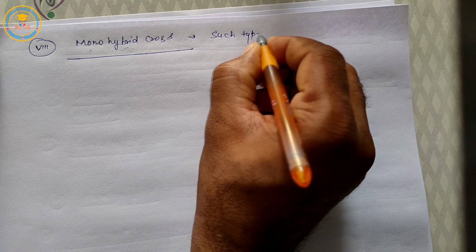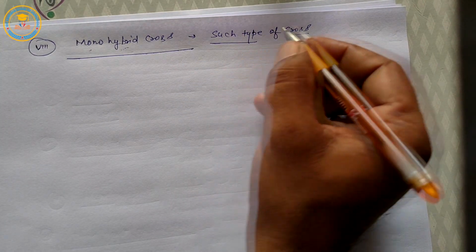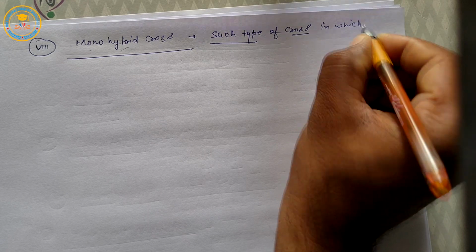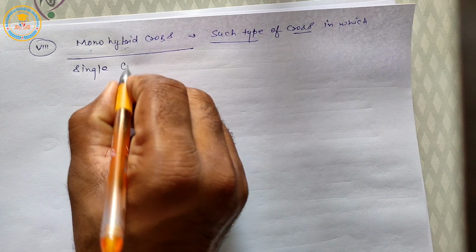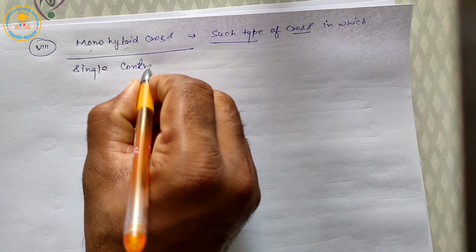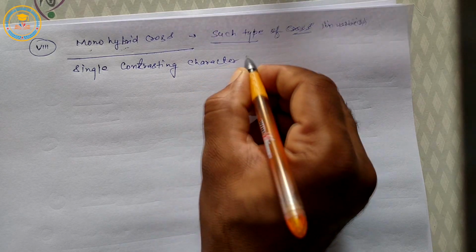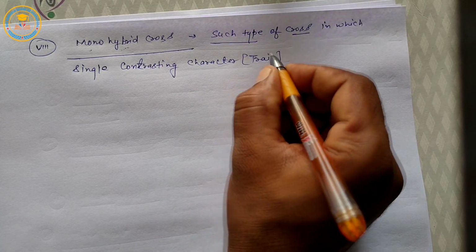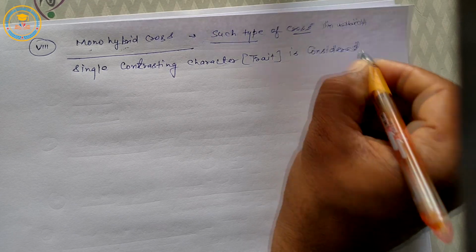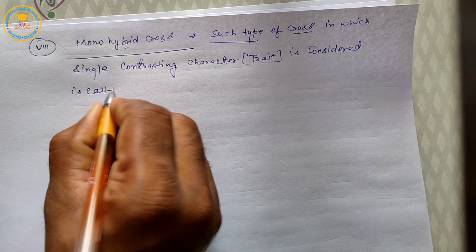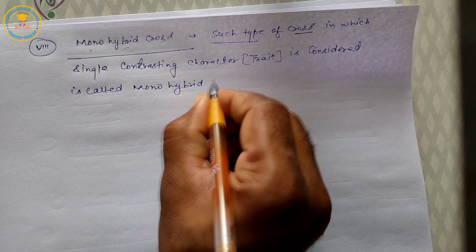Such a type of cross in which single, it means one, contrasting character or trait or feature is considered is called monohybrid cross.